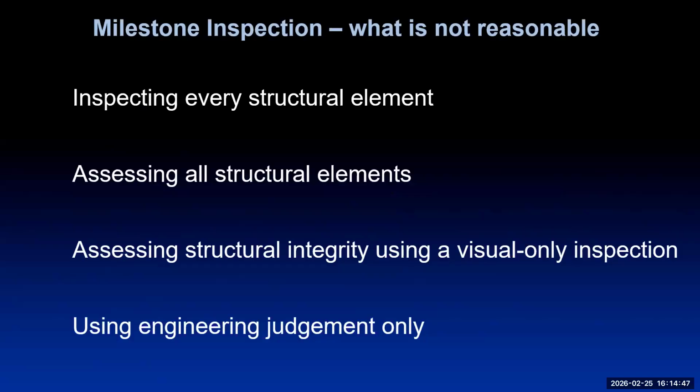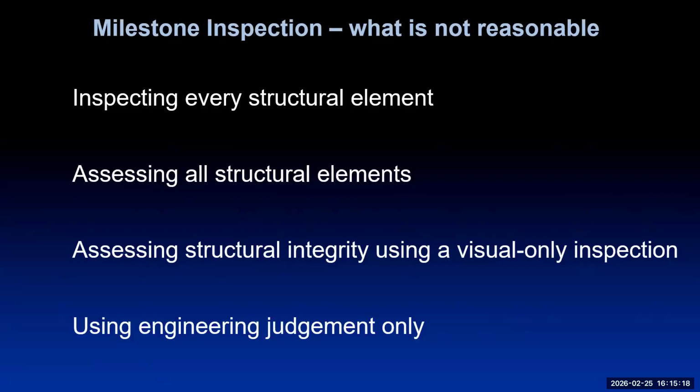Next. So Florida has milestone inspections. What is reasonable and what's not reasonable? Well, inspecting every single structural element is not reasonable. Quite a lot of them are behind cladding panels. Assessing all structural elements clearly is not possible. Assessing structural integrity using a visual-only inspection is not possible.